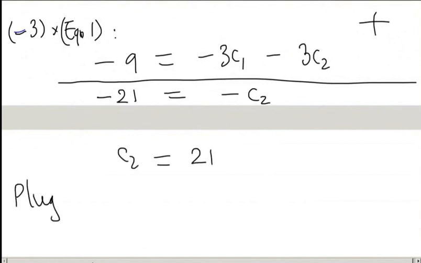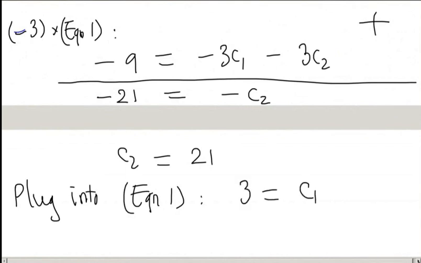Now plug into equation 1, which says that 3 equal to C1 plus C2, but C2 is 21, so we can solve for C1 is what? Negative 18.